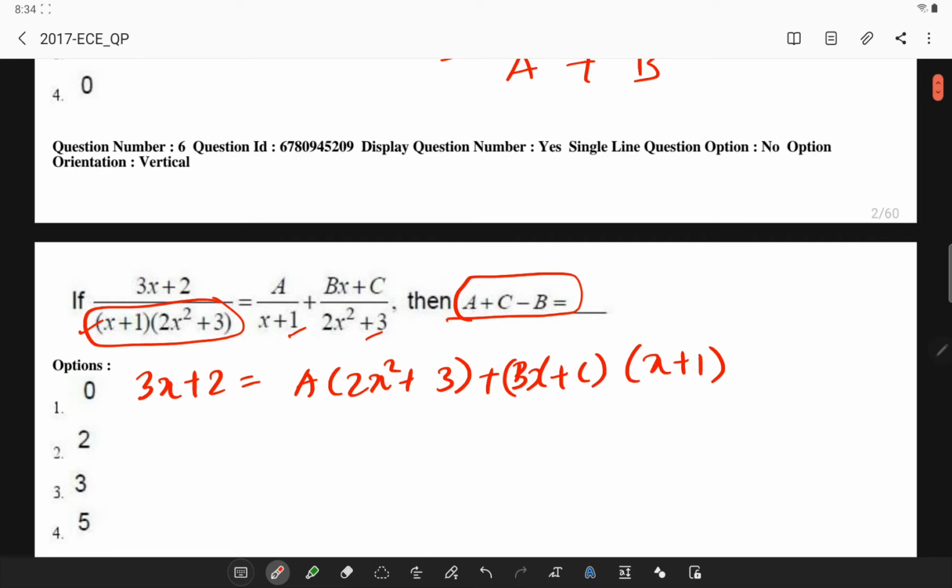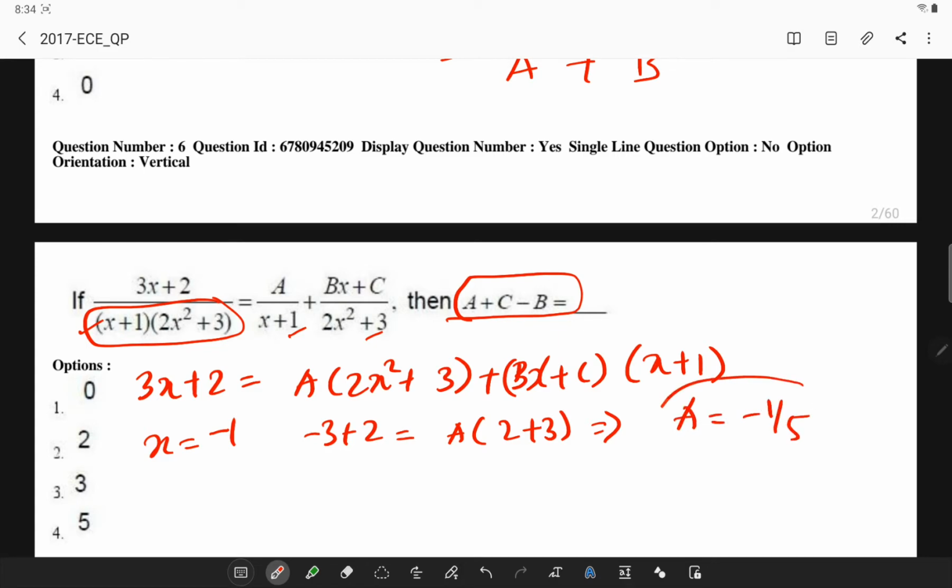So if I substitute x is equal to minus 1, I will be left with 3 into minus 1 is minus 3 plus 2 is equal to A into 2 plus 3, or simply the value of A will be minus 1 by 5.